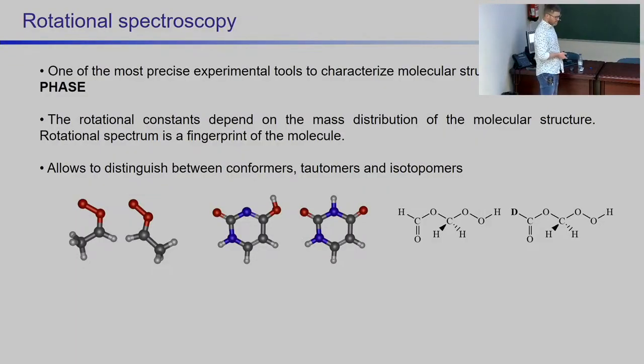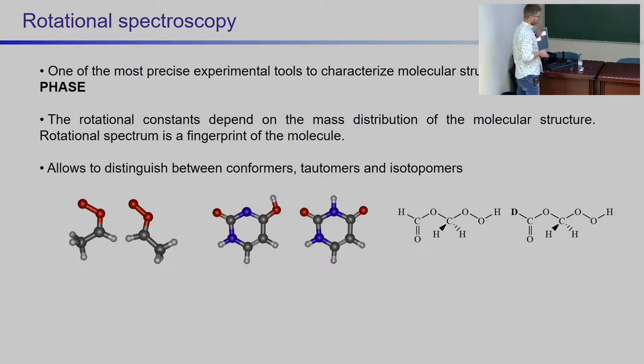Rotational spectroscopy is one of the most precise experimental tools to investigate molecular structures in the gas phase. The rotational spectrum of a given molecule depends on the values of the rotational constants. These constants depend on the mass distribution within the molecular structure.